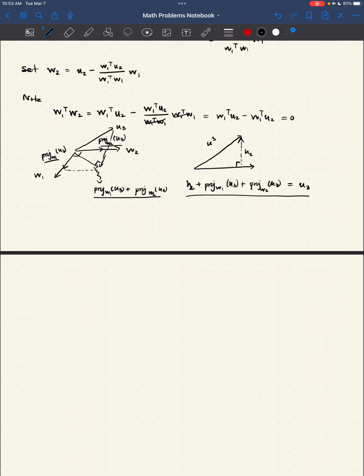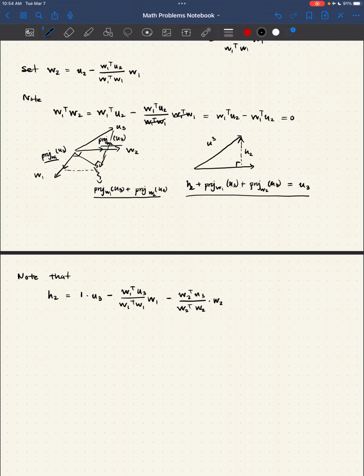Let's take a look. Note that H2 is decomposed in the following way: H2 is U3 minus (W1 transpose U3 over W1 transpose W1) W1 minus (W2 transpose U3 over W2 transpose W2) W2.